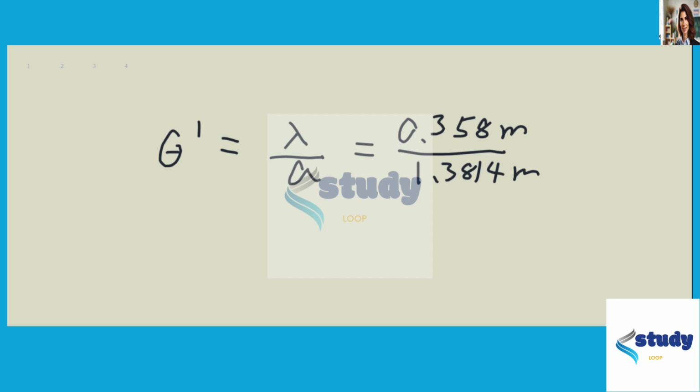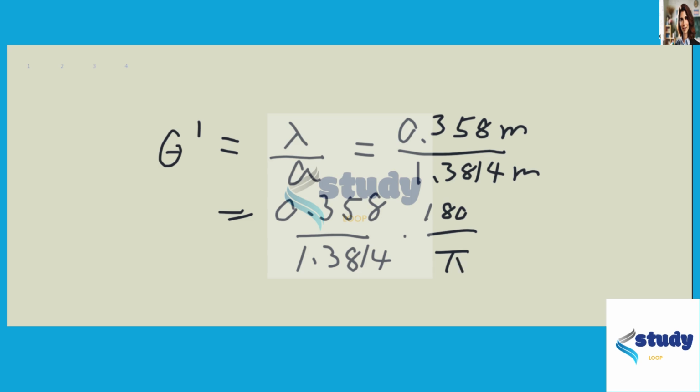For a better comparison with theta, we want to convert the unit from radians to degrees. So it equals 0.358 divided by 1.3814 times 180 divided by pi.